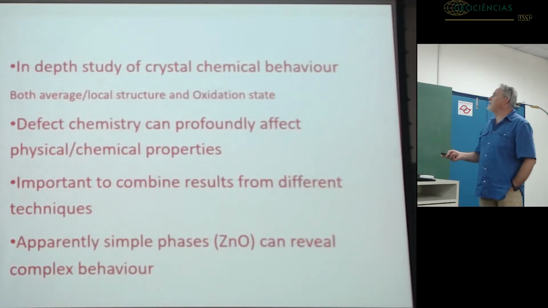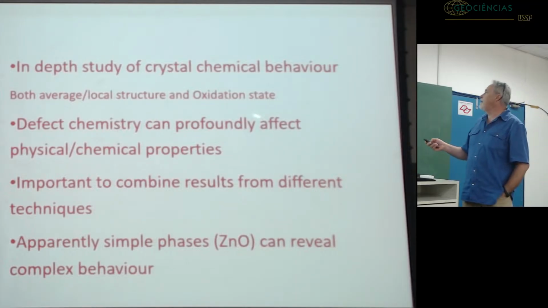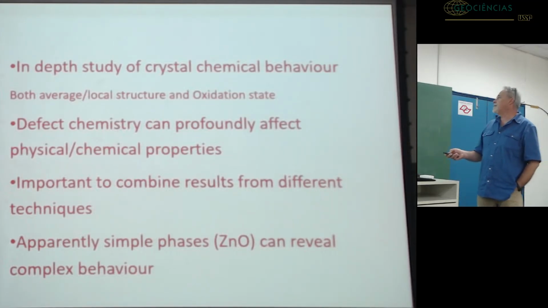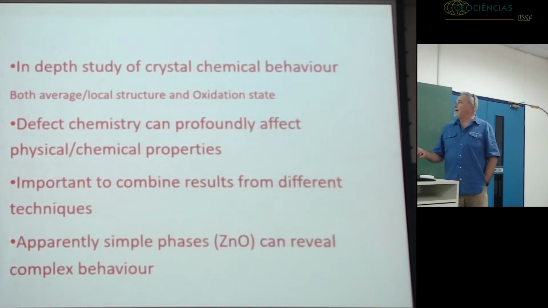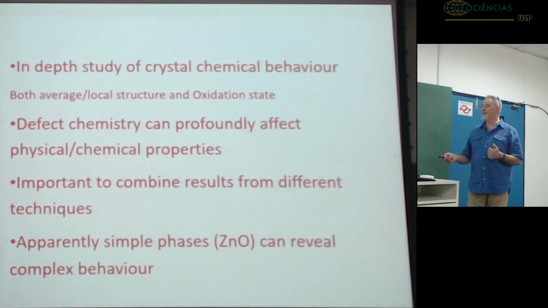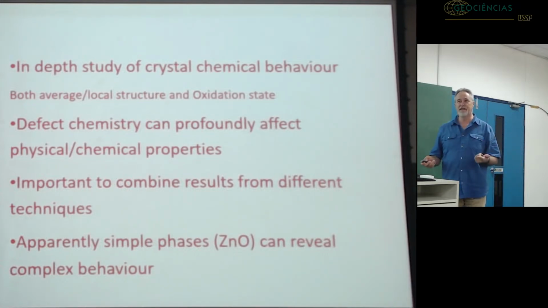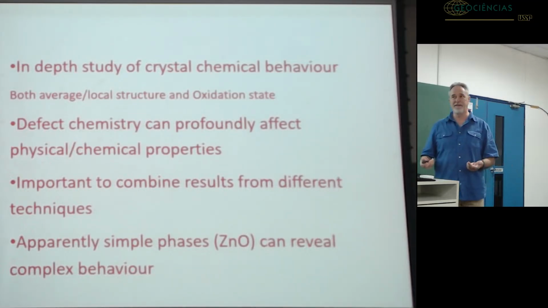More in particular, more in detail, this was already told, but one of the take-home messages from this talk, where I made a very long story extremely short, is that apparently simple phases like zinc oxide, magnesium oxide, are not so simple. For our geologists, magnesium oxide is a major phase in the lower mantle. It is an apparently very simple phase.